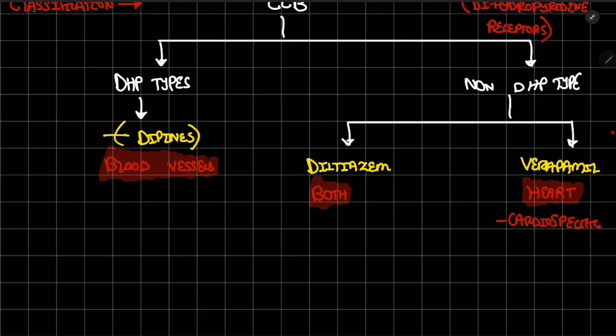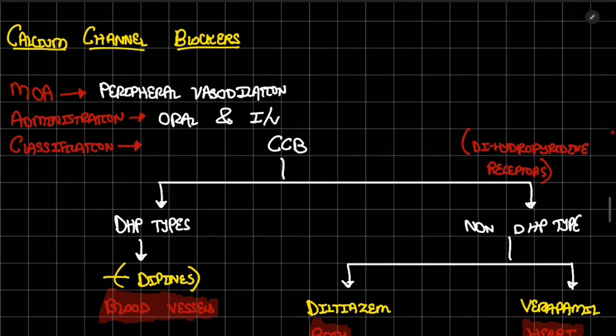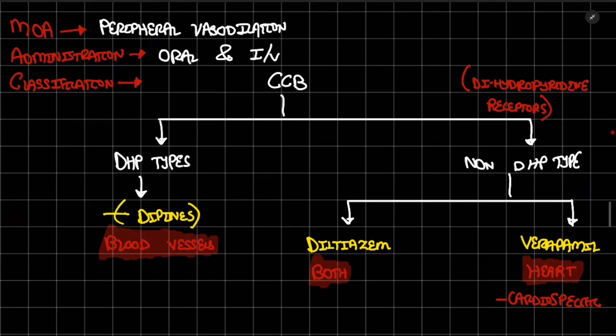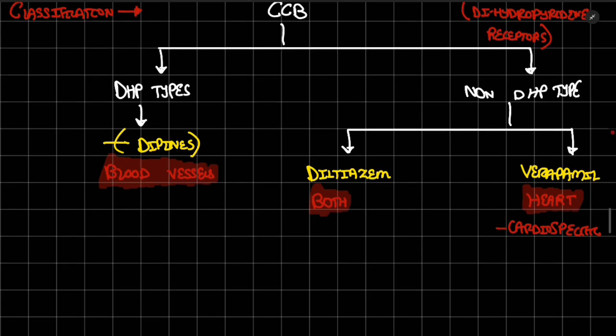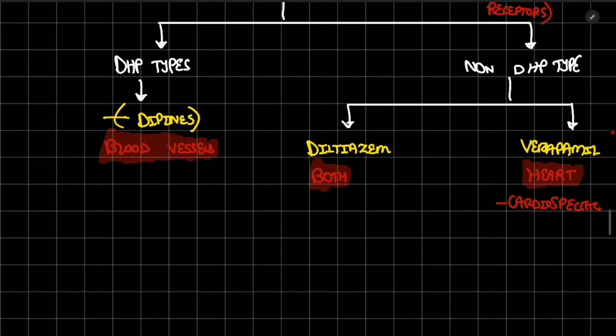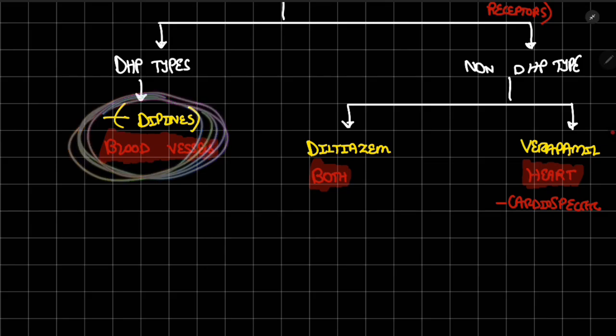The main mechanism of action is peripheral vasodilation. Technically speaking, vasodilation will cause a decrease in blood pressure. So the blood pressure issue is now solved. Now one mechanism we will study of this DHP type. What is the action?